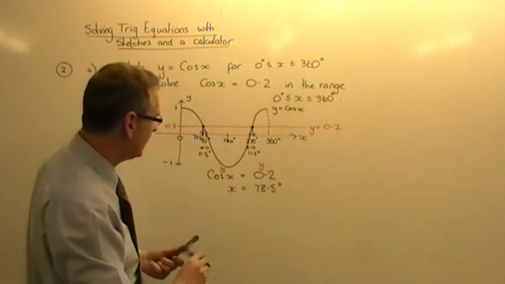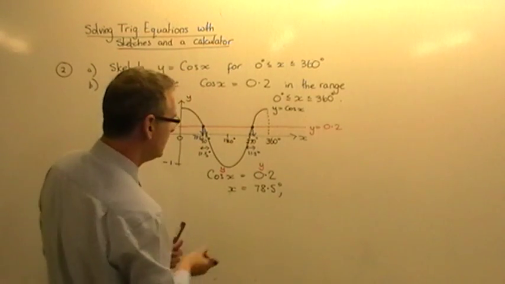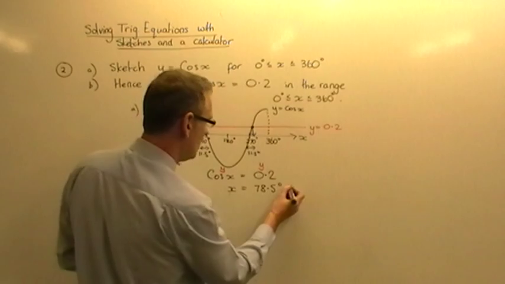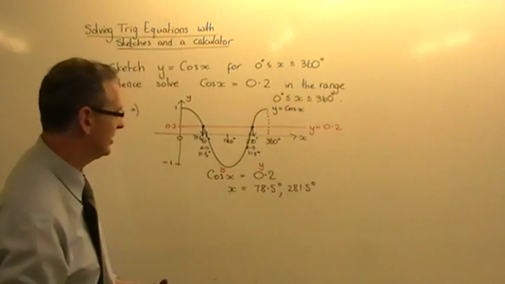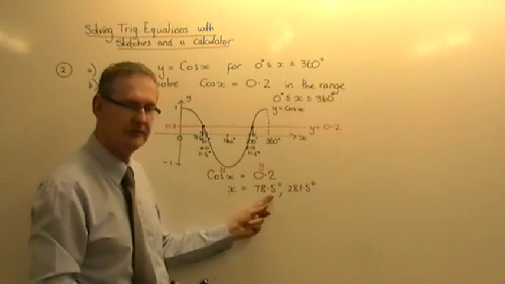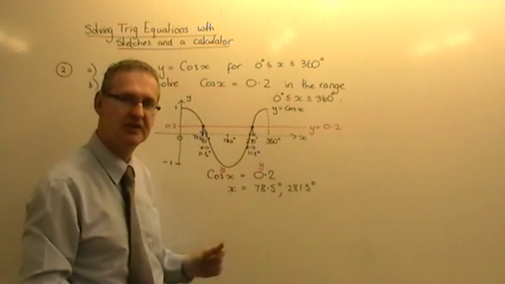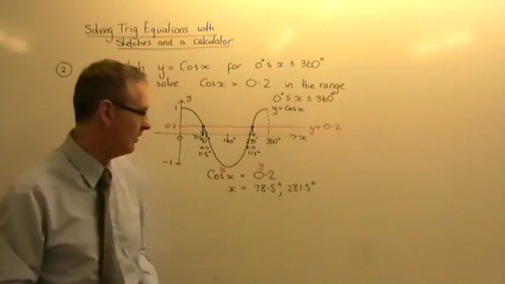And so the second answer, which I'll put after a comma now, is going to be 270 plus 11.5, 281.5 degrees is the second answer. The calculator gives you the first, the sketch and the symmetry gives you the second, 281.5.